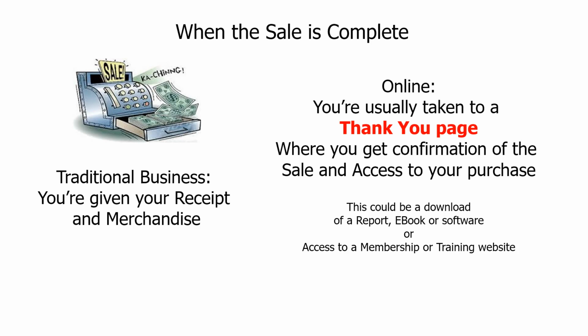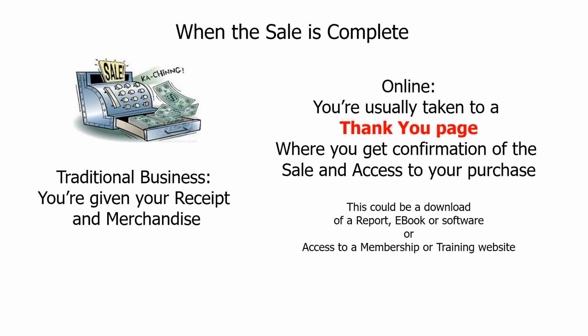Now, if it's a physical product, you'll have given them your address, and they'll probably give you some tracking information here as to the product being shipped. The big difference now, so far it's pretty much the same system. We're going to get the person in, give them their information, make the sale, complete the sale.